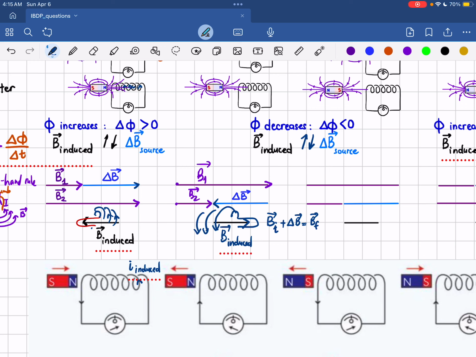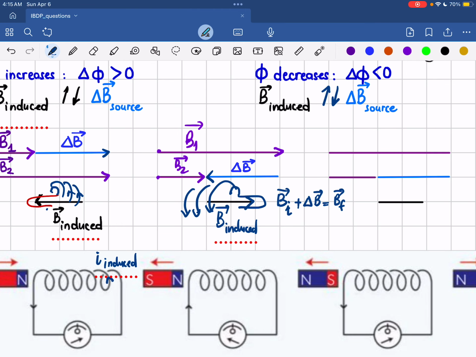That's your right hand rule. So now you have that this current this time would go this way, right? So that's why this time you got the current moving around like this. So see, the direction has changed.